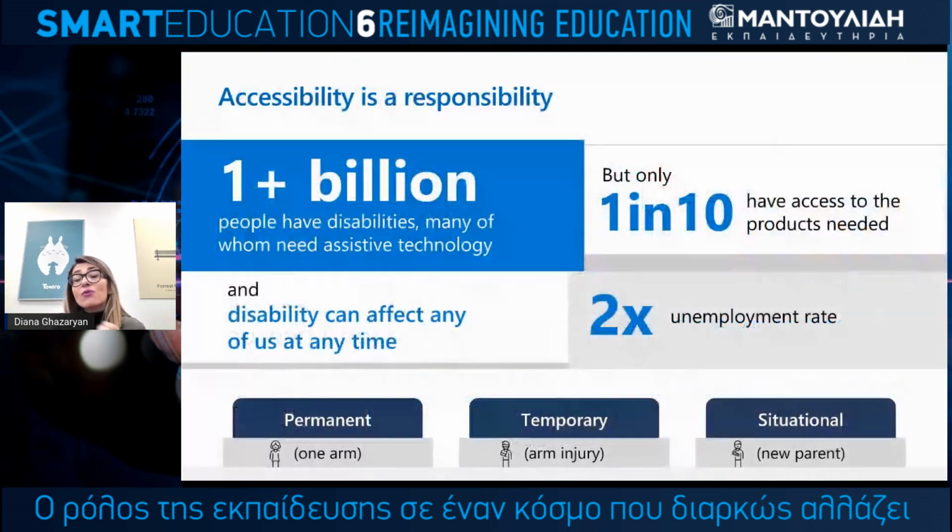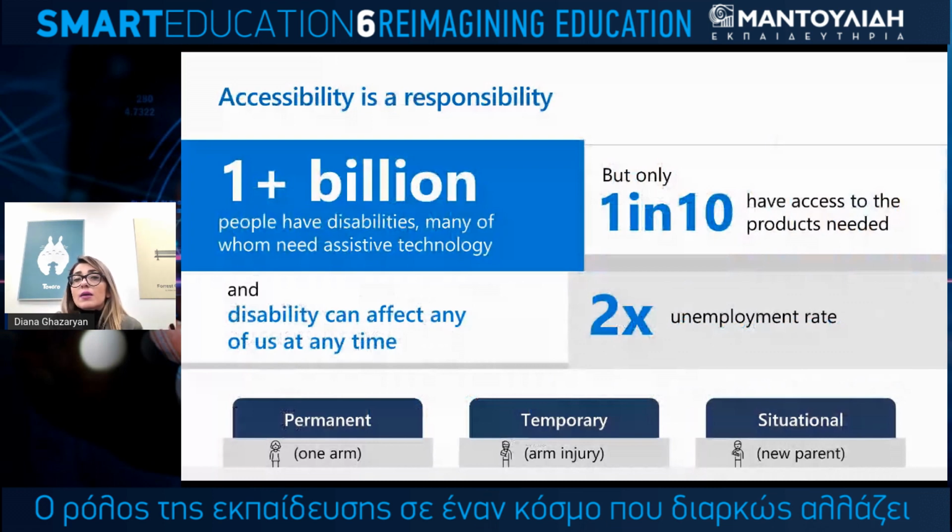Right now, around the globe, there are more than 1 billion people who have a disability, and unfortunately only 1 in 10 have access to accessible technology. We also see a very high unemployment rate, especially among people with autism. And it can actually affect everybody at some given point.